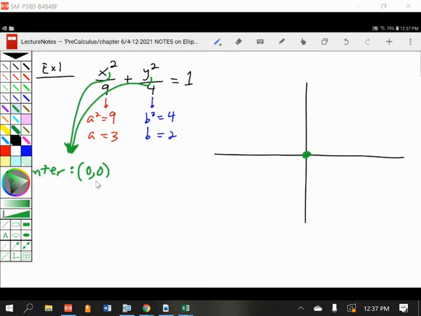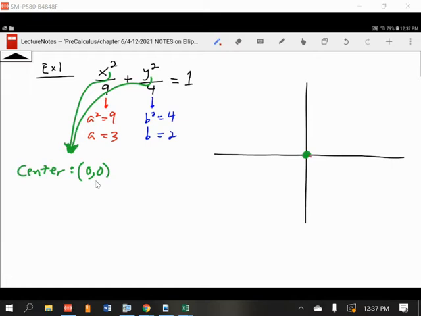What I do now from the center is I go a units to the right, and I go a units to the left, and those are my vertices. The vertices are the end points of the major axis. So my vertices are negative 3, 0 and positive 3, 0.